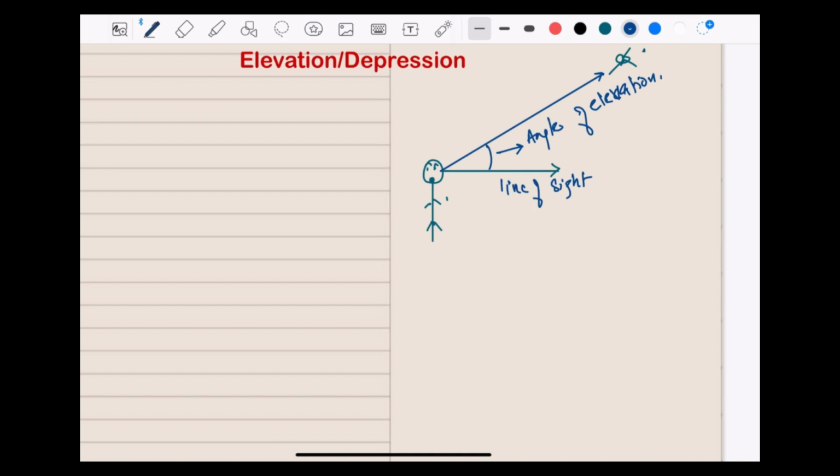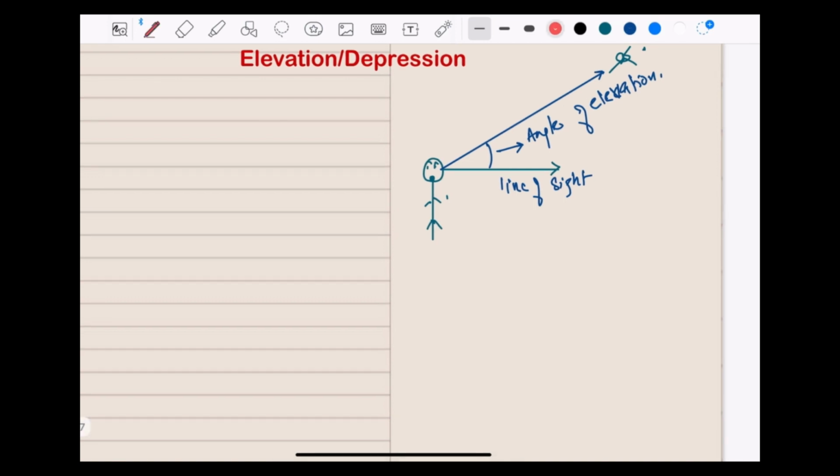And if you're looking down, then this is your angle of depression. So in simple words, looking up is the angle of elevation and looking down is the angle of depression. For example, there's this person on a tree and there's another person trying to see the other person from the ground.